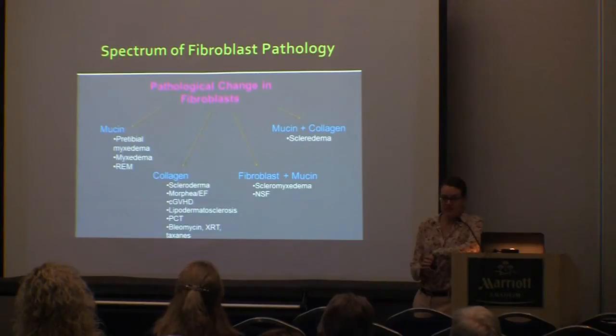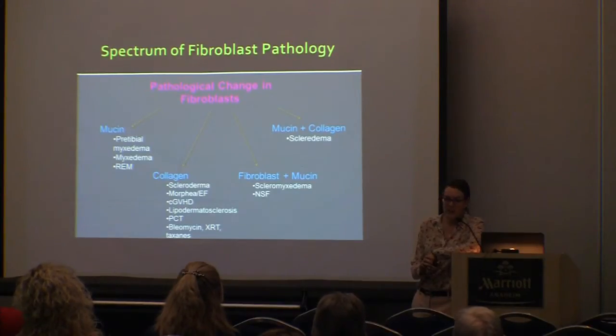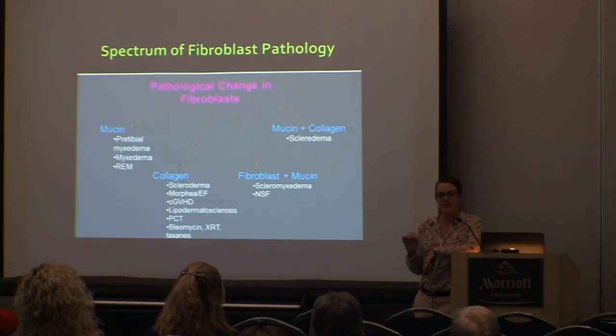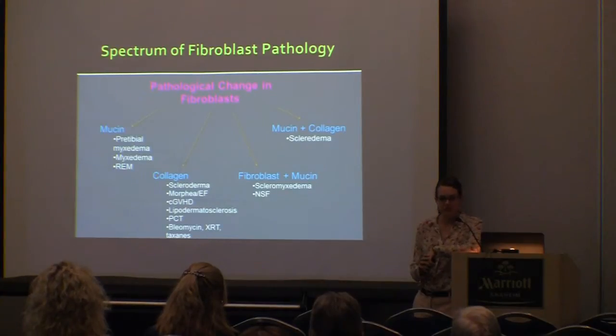I've also seen them referred to my office with the diagnosis of Morphea and even Scleroderma. The reason this is important to differentiate is this usually improves after they stop the chemotherapy. So it's a different entity that is promoted by that drug. It's not the primary process of Morphea or Scleroderma.